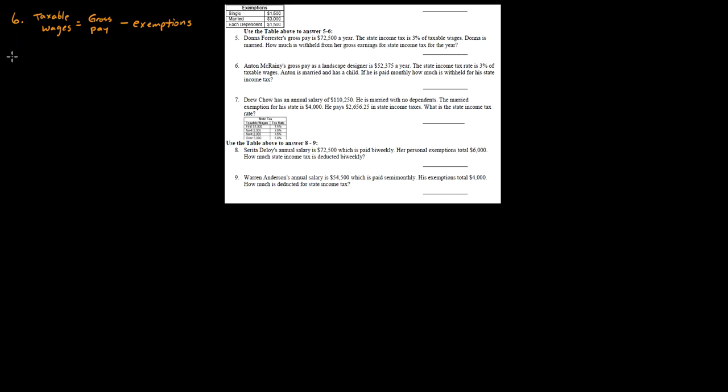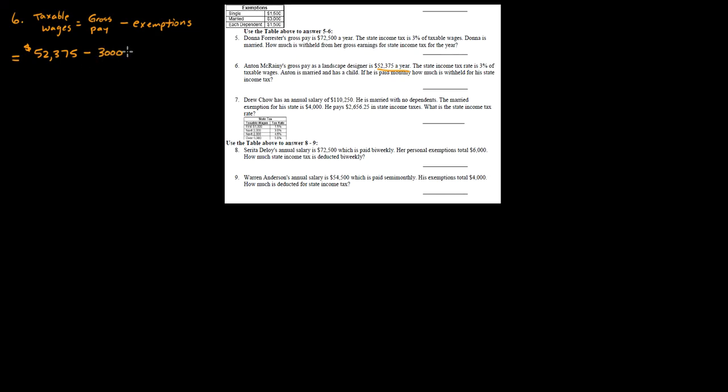So in number 6, the gross pay is $52,375, and we subtract the exemptions using the table up above. It says Anton is married and has one child. So married is 3,000.